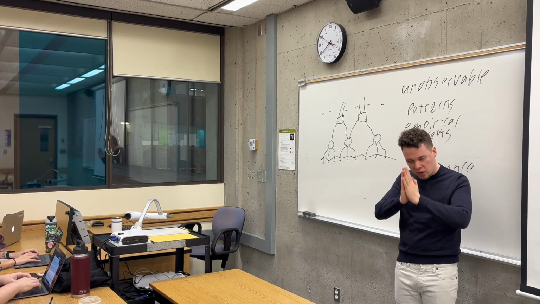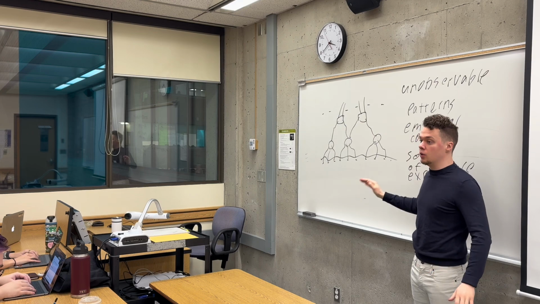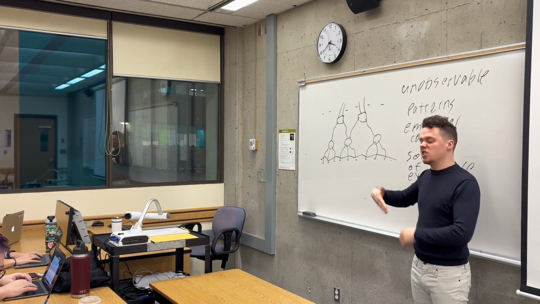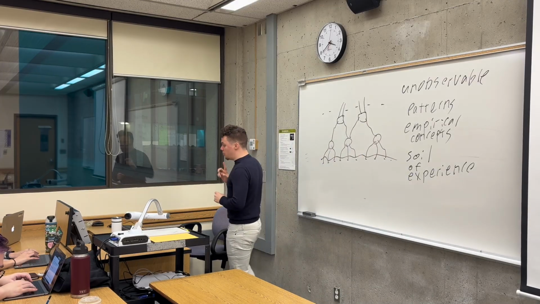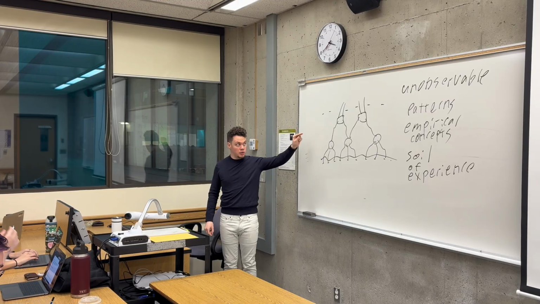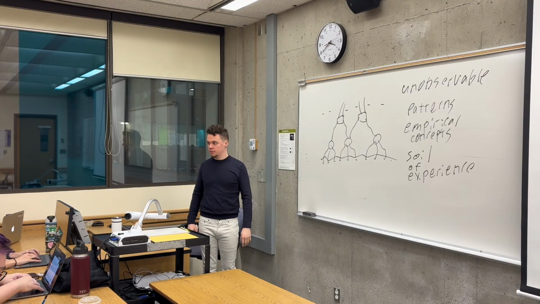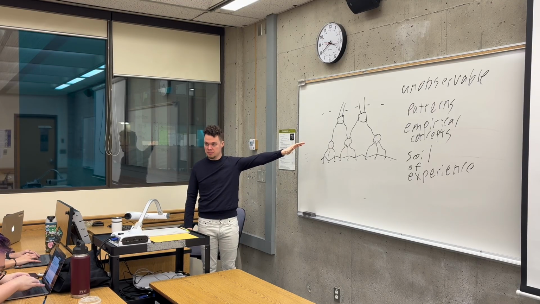If we're good empirically minded scientists, if the unobservable entities don't play any role in explaining the patterns we see, then we can dispense with them. But now here's maybe the more controversial part: if they do play a role in explaining the patterns we see, we can dispense with them too. We can just focus on the patterns in the observations.